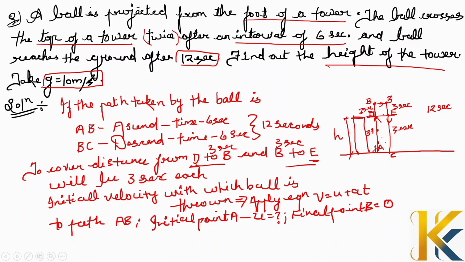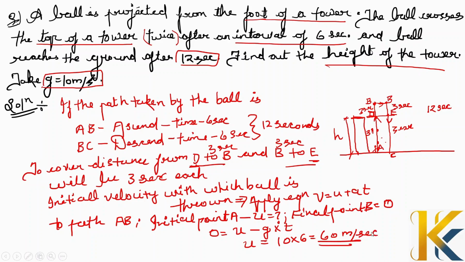So applying the values in the kinematic equation, we'll get 0 is equal to initial velocity U, minus G into T. So U will be equal to 10 into, now what is the time? 6 seconds. 3 plus 3. A to D 3, D to B 3. So 10 into 6, 60 meter per second.